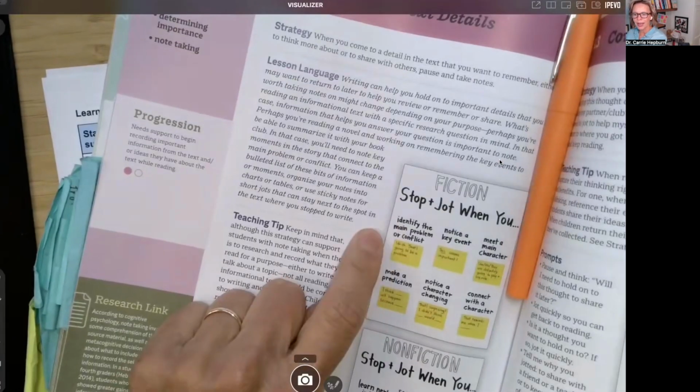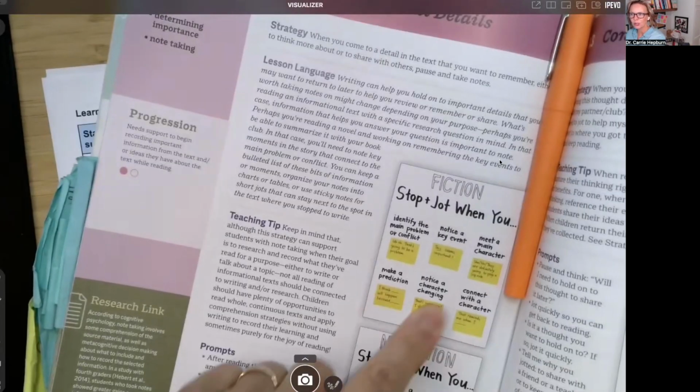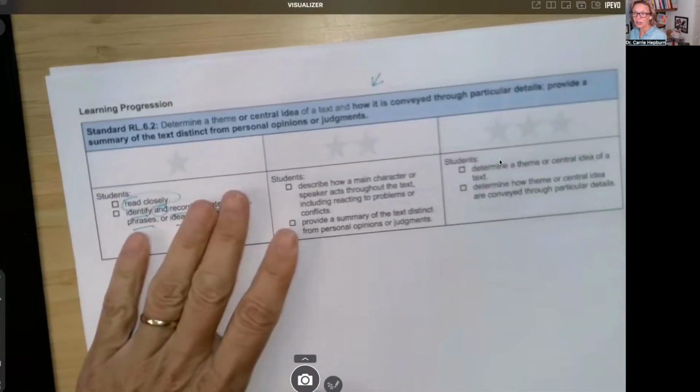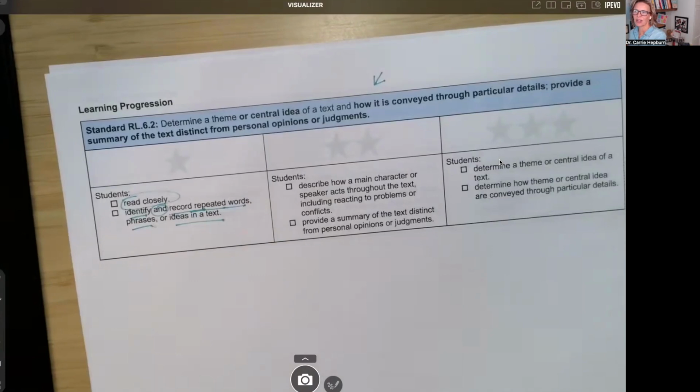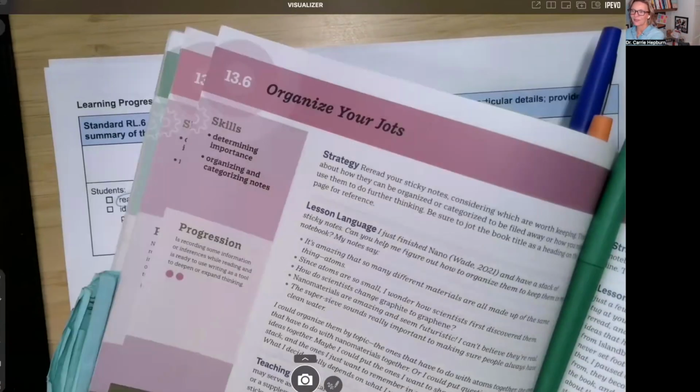And here we might start altering what students will be looking for and align it more with the standard when we're teaching, and then have an overall anchor chart as well. But we'll be using that too. And then what we know is that students pretty soon are going to have a lot of jots and a lot of thoughts. And so we're going to need to teach them how to organize their jots.